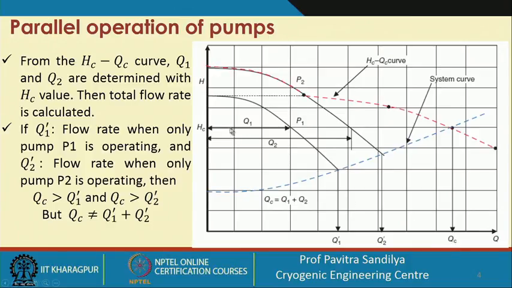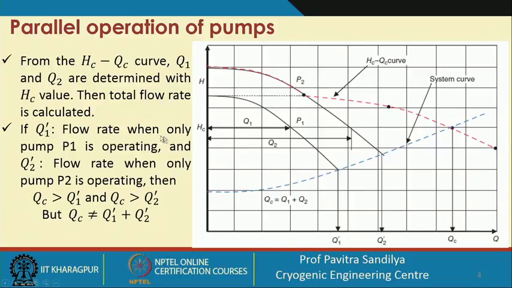On the other hand, we are also showing Q1 prime as the flow rate if pump 1 is operating alone, and Q2 prime as the flow rate if pump 2 is operating alone, and we get these from their individual system curves. What we find is that QC is equal to Q1 plus Q2, but QC will be more than Q1 prime and Q2 prime.